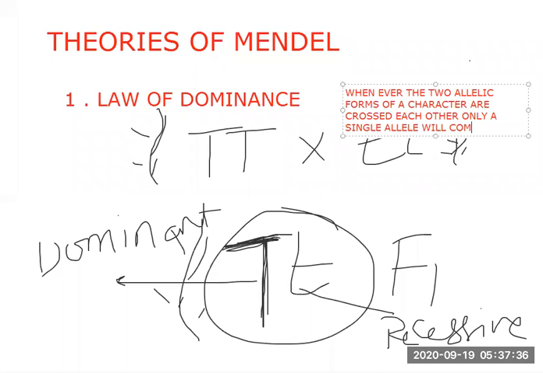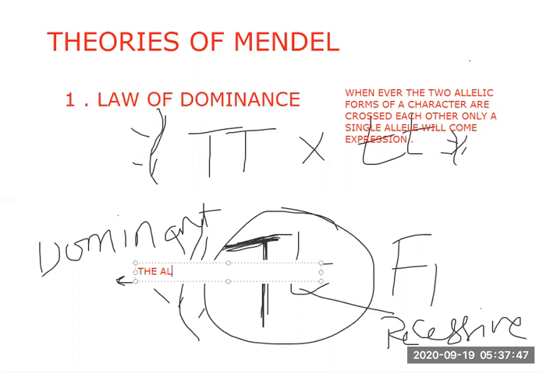The allele which is expressed is called the dominant allele.